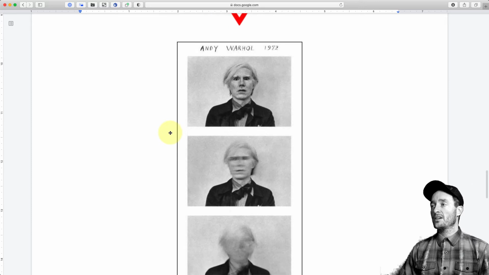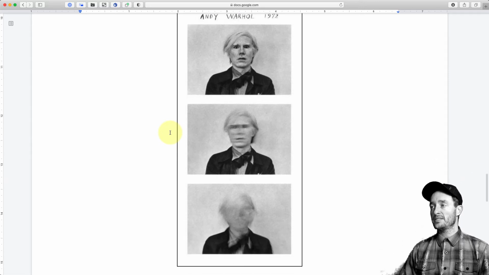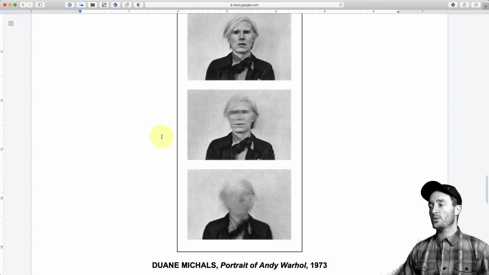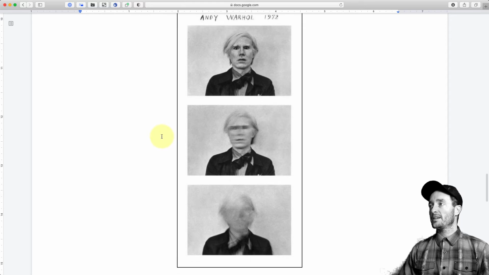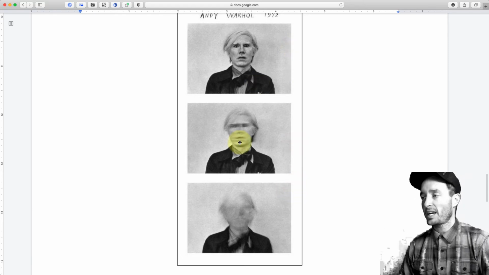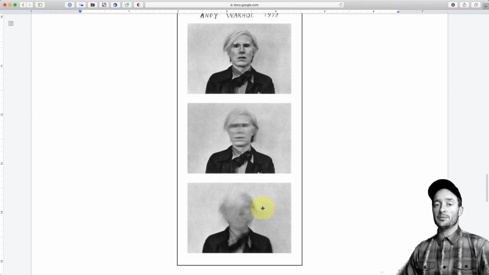Now, the other triptych was narrative, and this one is by an artist named Dwayne Michaels. This is called Portrait of Andy Warhol, 1973. And what you'll see here is Andy Warhol, right, being photographed and shaking his head. So this beginning, middle, and I really like the idea that it's kind of telling us a story, like he's seeing something, he's frightened by something, he's unable to look at something that he's witnessing, and so on and so forth.